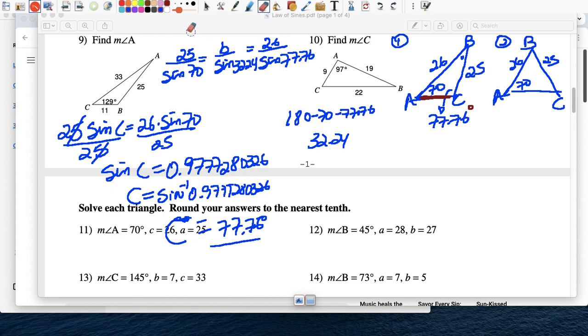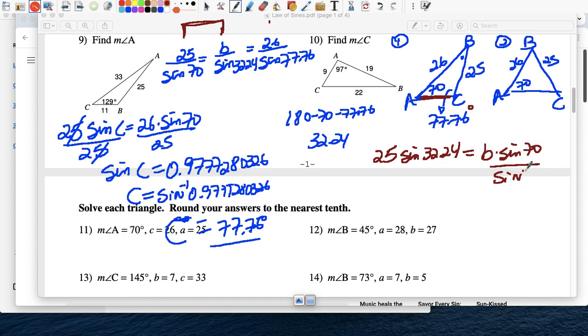So now you can use any two ratios, either the first two pair, or the second and third, to find little b. Doesn't matter. Let's just stick to the first one. So I'm going to use these two. Cross multiply, I get 25 sine of 32.24 equals b sine of 70.